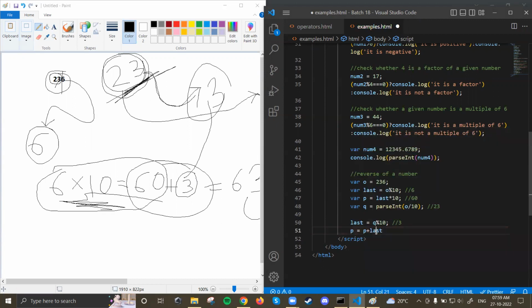Last means 3 and P means 60, because we have to do 60 plus 3. So that means P equal to P plus last.